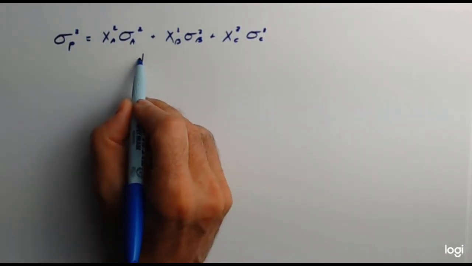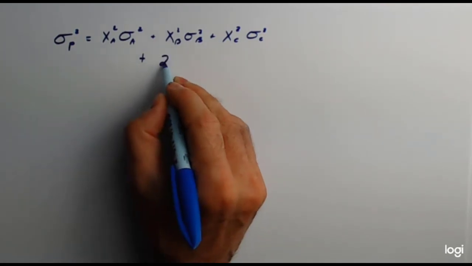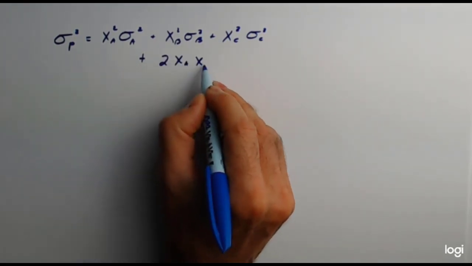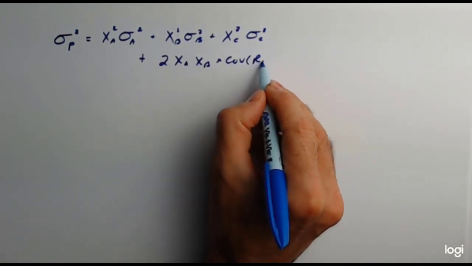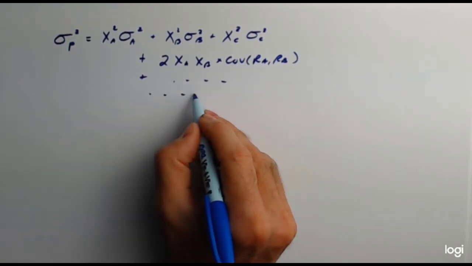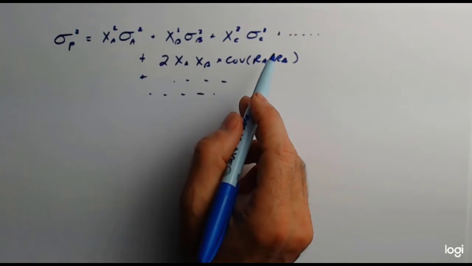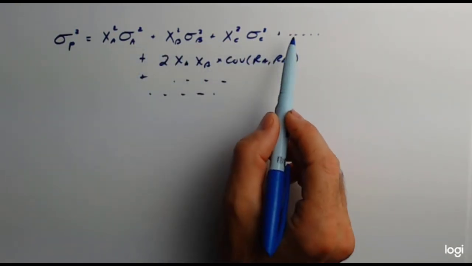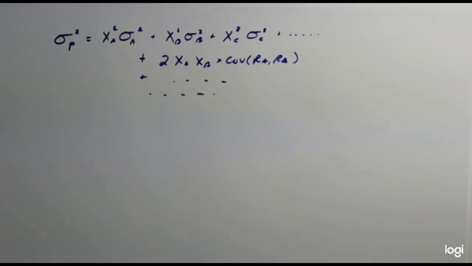And then we have a whole bunch of covariance terms where we have, remember, 2 times XA, XB times the covariance between the return of A and the return of B. And we have a whole bunch of those, right? So let's look at a really big portfolio. So not just A, B, and C. There's also D and E and all. And so you have a whole bunch of covariance terms.